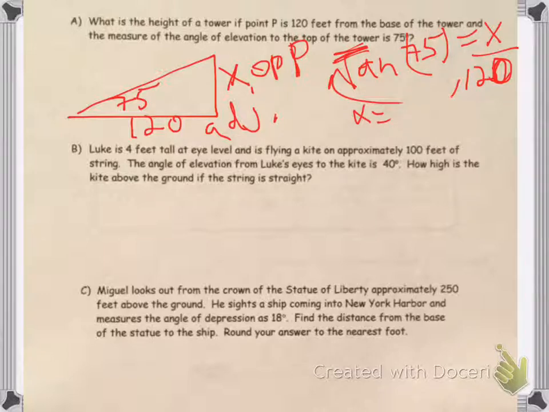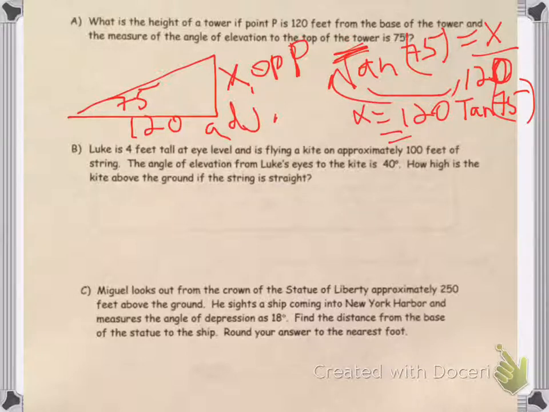X equals 120 tangent of 75. And I get a grand total of 120 times tangent 75.